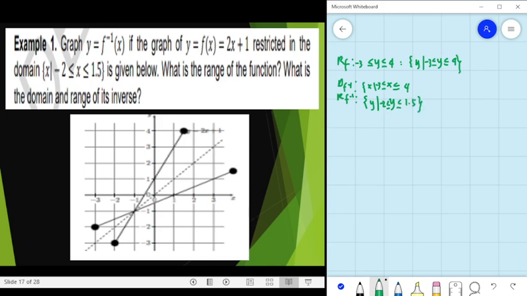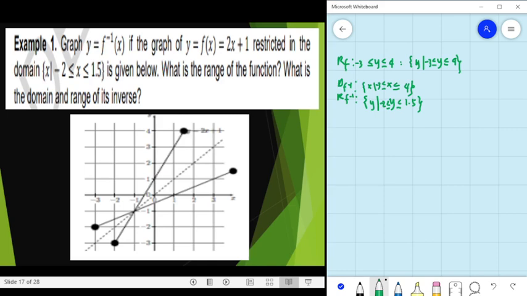So the domain of the original f of x is the range of the inverse, and the range of f of x is the domain of the inverse.